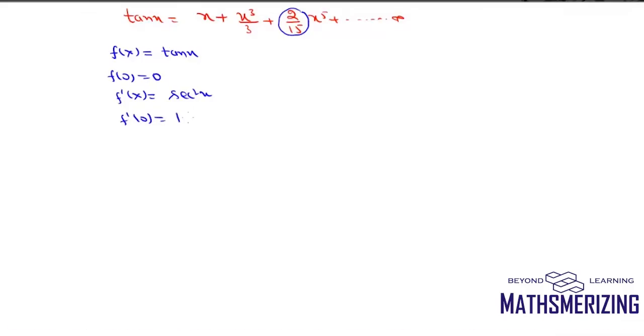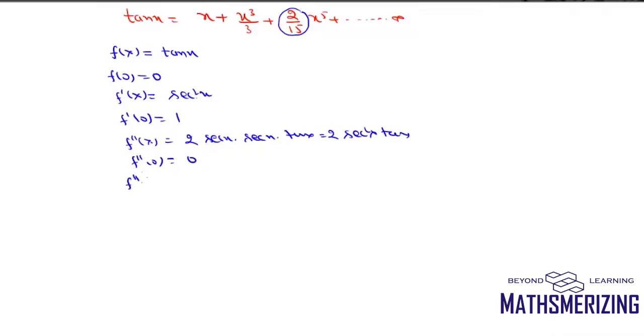So that is 1. Now I'll find the second derivative, f double dash x. So first I'll need to differentiate this power. So this is 2 secant x, and then it'll be secant x into tan x. So I can write it as 2 secant square x into tan x. So if I put x as 0, now tan 0 is 0. So the answer to this value will be 0.